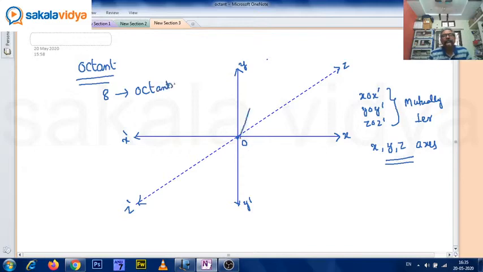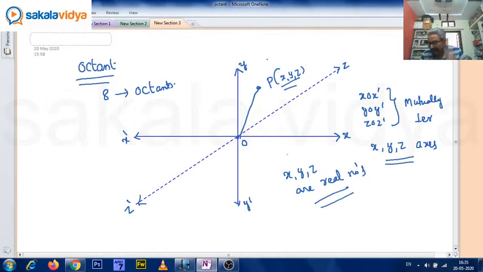For example, if you consider any point in this space, say P(x, y, z), where x, y, z are real numbers, then in each compartment they follow a sign scheme. So let us discuss the sign scheme in the components. The coordinate axes divide the space into 8 equal parts.